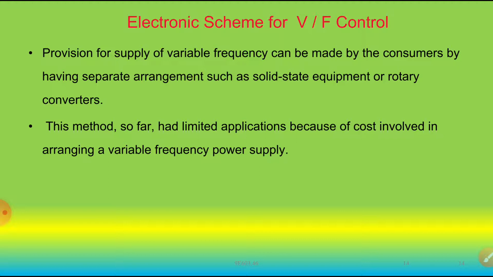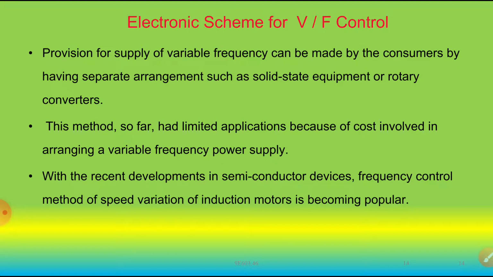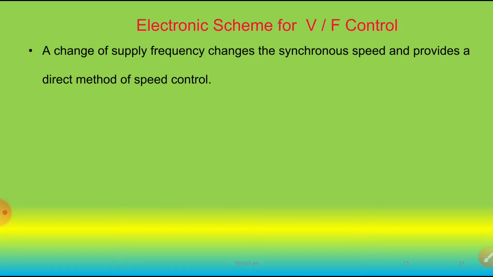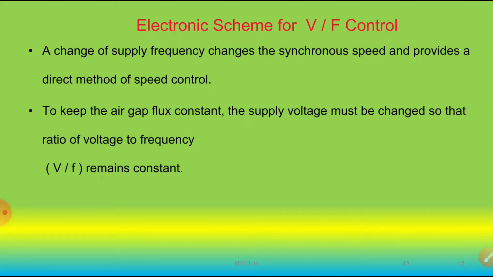This method so far had limited applications because the cost involved in arranging the variable frequency power supply is very high. With the recent development in semiconductor devices, the frequency control method of speed variation of induction motor is becoming very popular. A change of supply frequency changes the synchronous speed and provides a direct method of speed control.